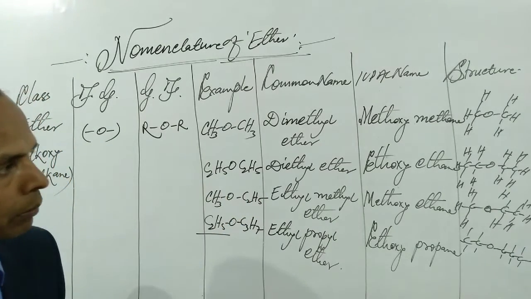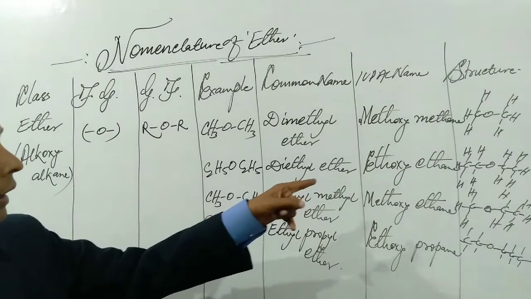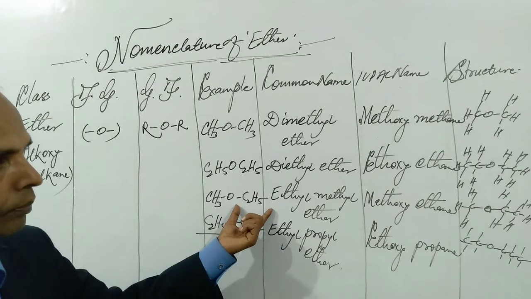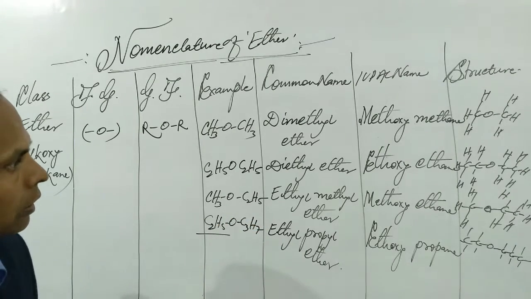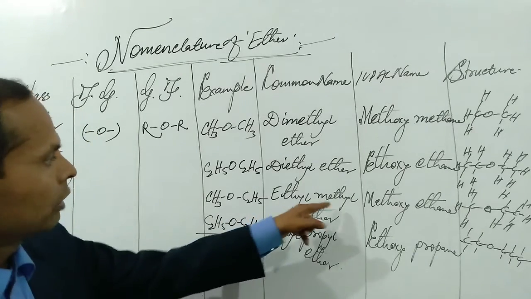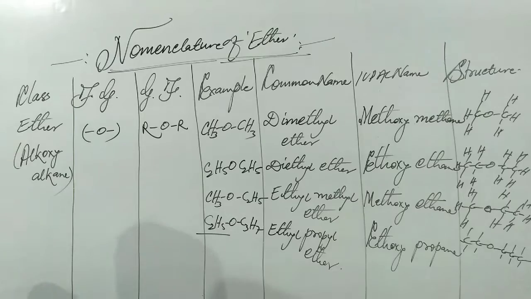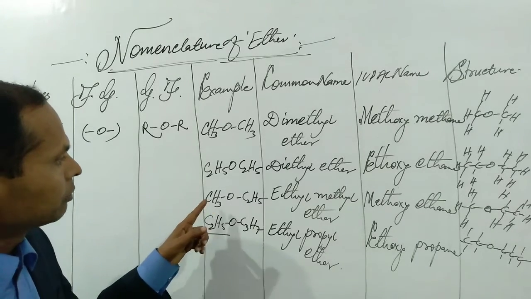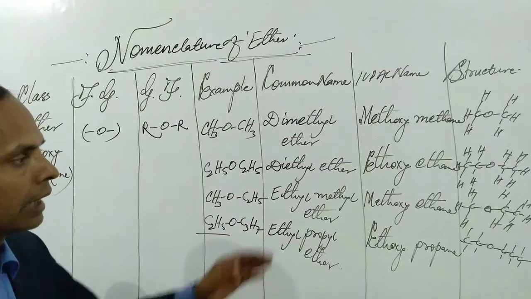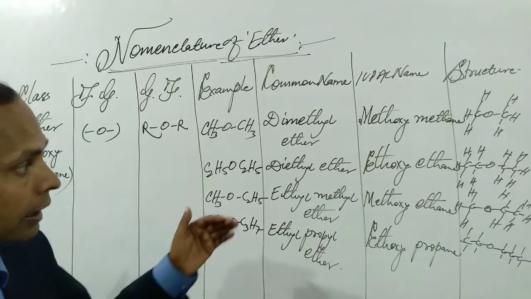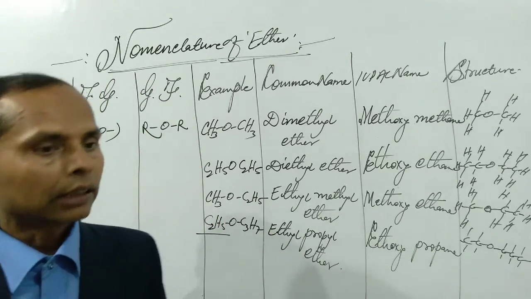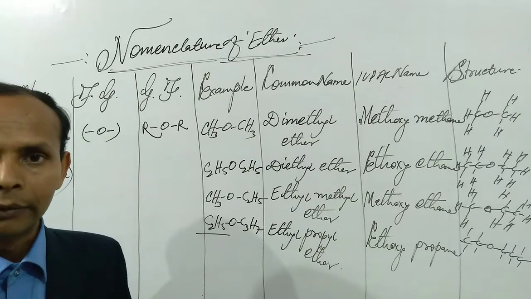But we have to remember one thing, oxy can be added to the lower carbon group and ane can be used for the higher carbon group. This is the rule. So in the third compound we see that the common name will be ethyl methyl ether. We cannot write methyl ethyl ether because ethyl starts with the letter E and methyl starts with the letter M, and E comes before M, and IUPAC rules tell us we have to follow alphabetical order.